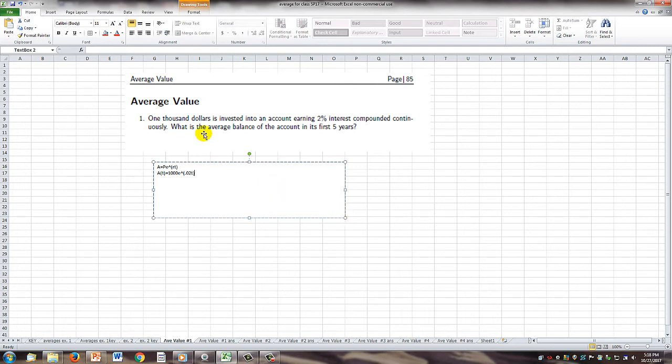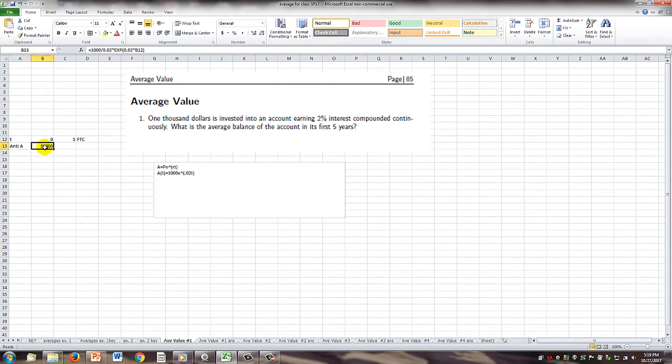And I want to find the average balance. So I'm going to do it the calculus way, and I'm going to find the antiderivative and evaluate it from 0 to 5, and then divide by the interval. So from 0 to 5, we're going to find the area under the curve. The antiderivative of A is 1,000 divided by 0.02 times exp of 0.02 times t.